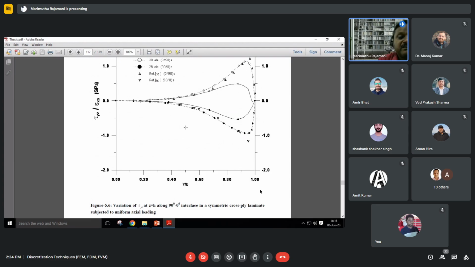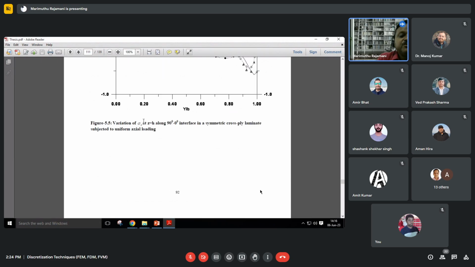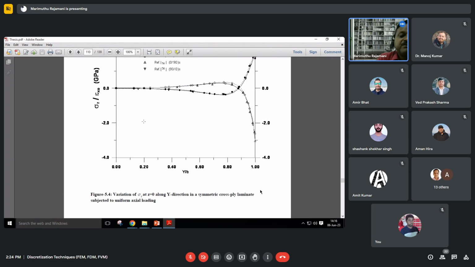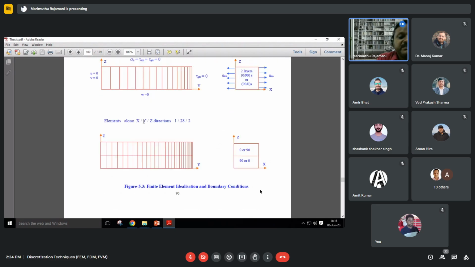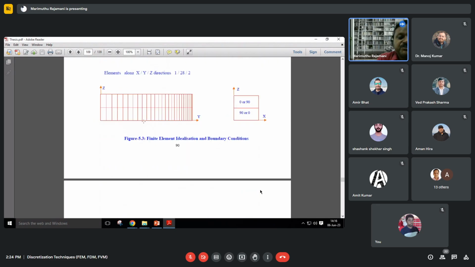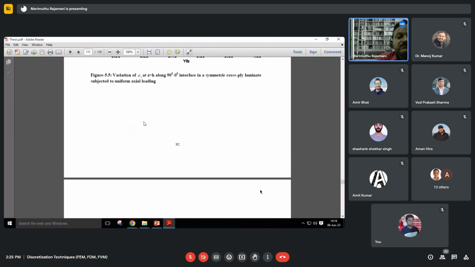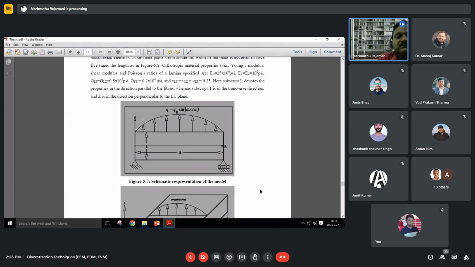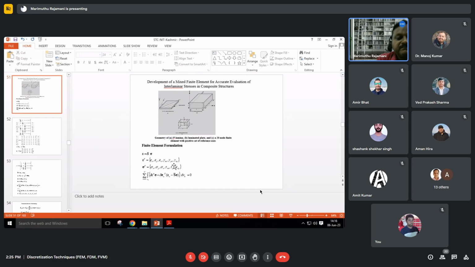If you want to estimate whether delamination will occur or not, these stresses have to be predicted accurately, and then you estimate whether the stresses are beyond the bonding limit, whether debonding is going to happen or not. For that purpose, it has been suggested to use a mixed finite element formulation. Okay, you can take this as the message. Fine. Okay, this message is clear. Hello. Yes, sir, clear, sir.